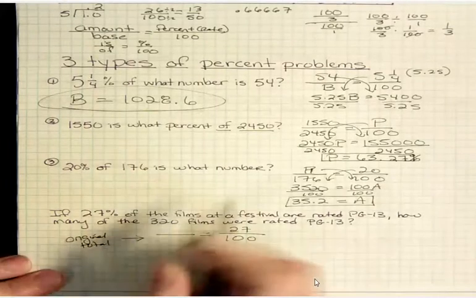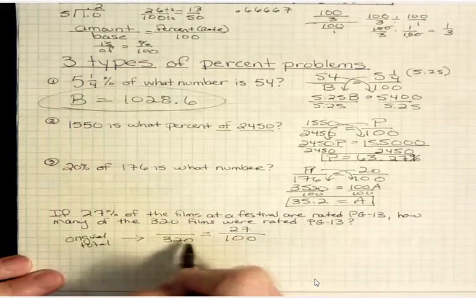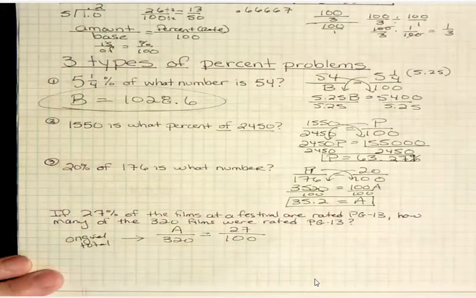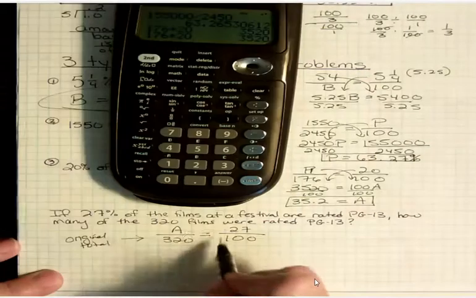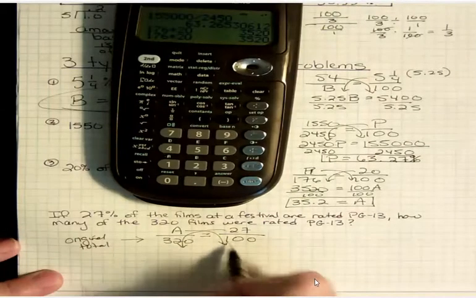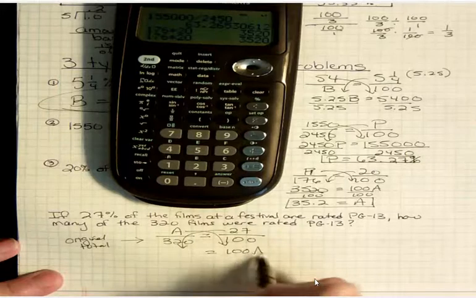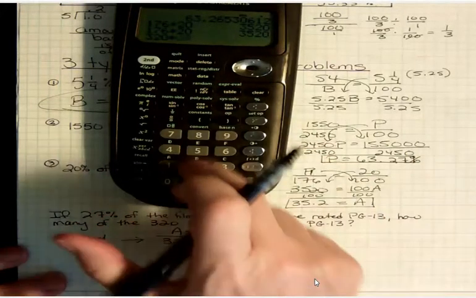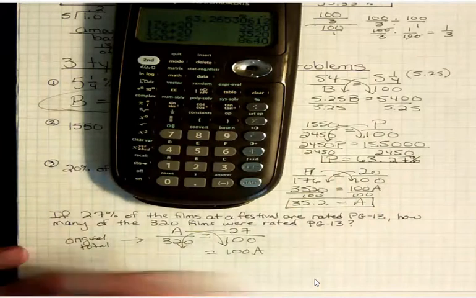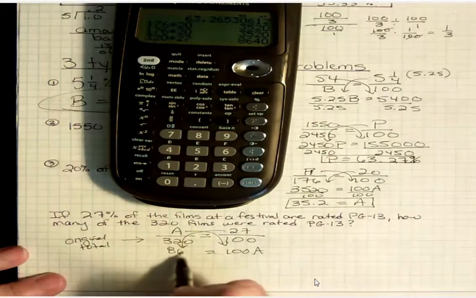Originally, there were a total of 320 films. So we're looking for the amount in this problem. What part of those were rated PG-13? And I could have added to the nearest whole number or something. So what I have to do is cross multiply. I know that 100 times A is easy, but I have to take 320 times 27, and that gives me 8,640.